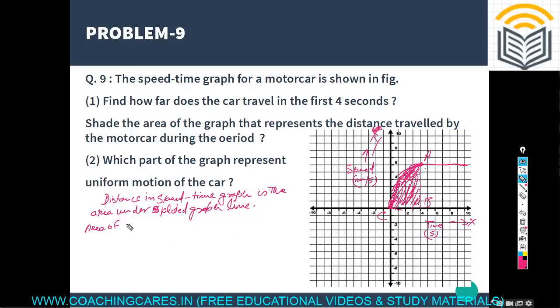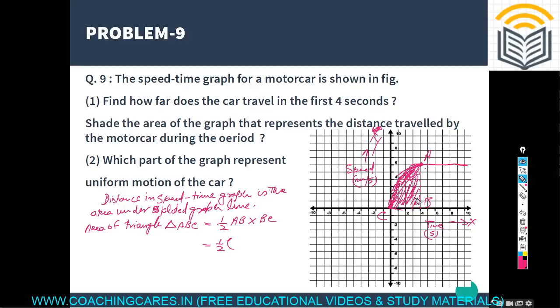Area of triangle ABC is equal to half AB multiplied by BC.